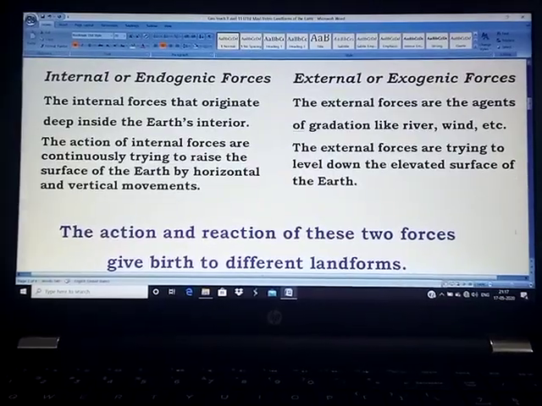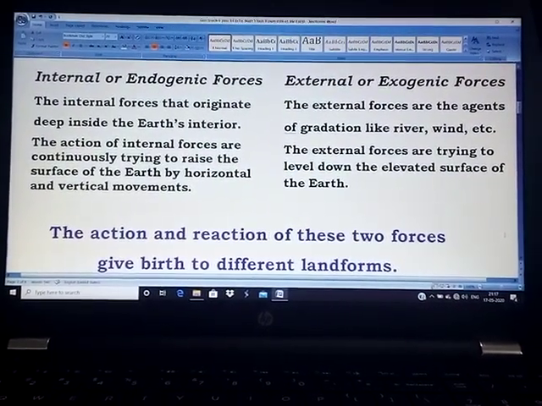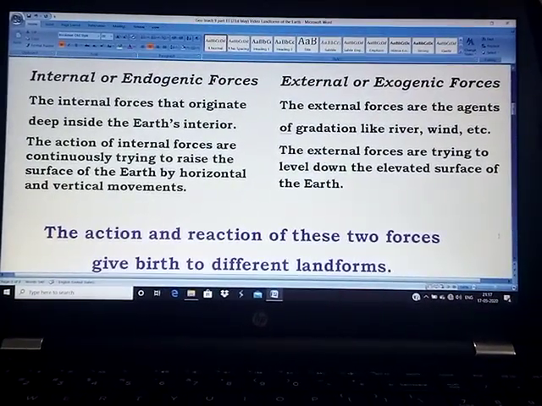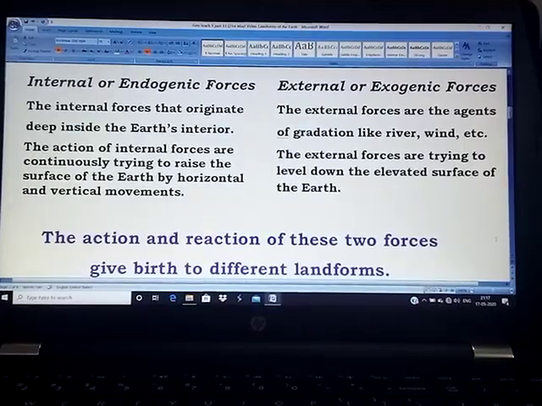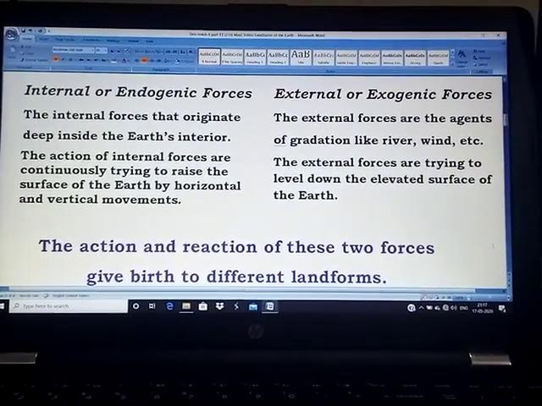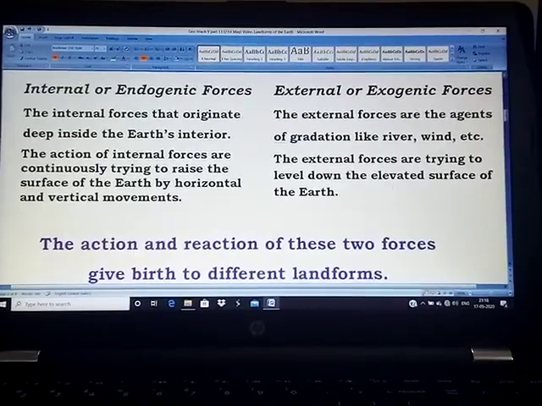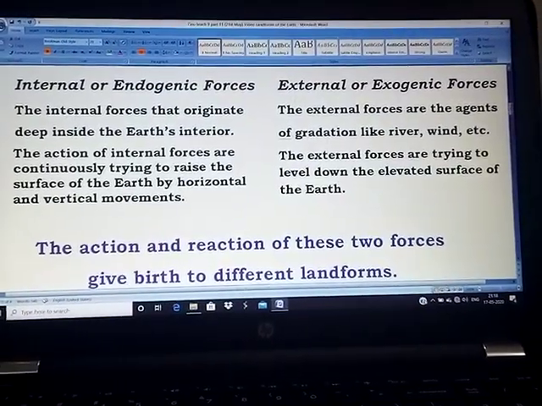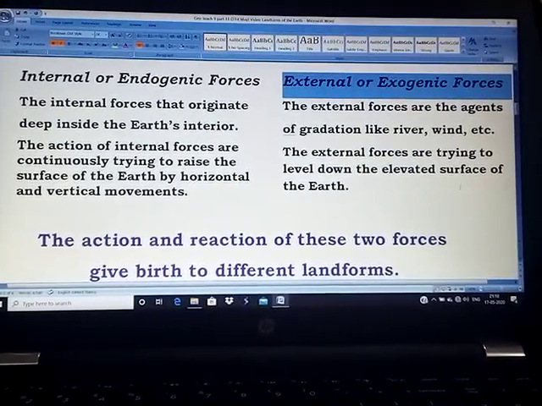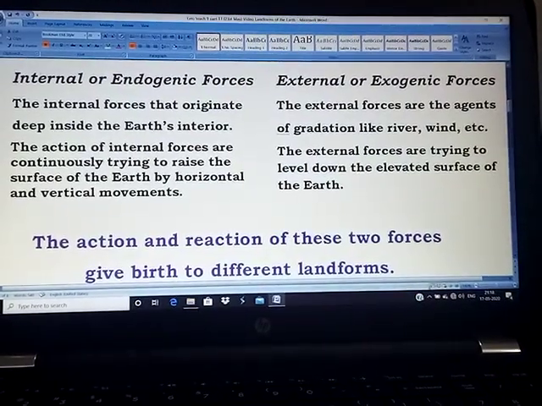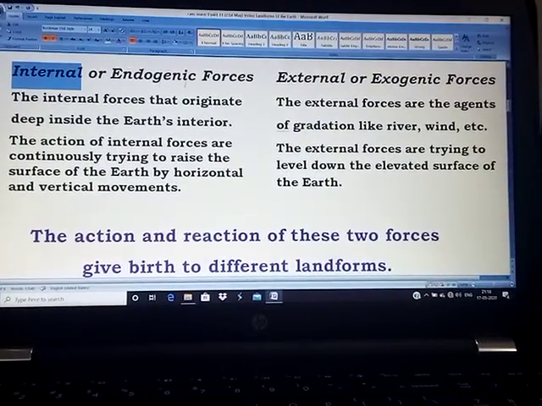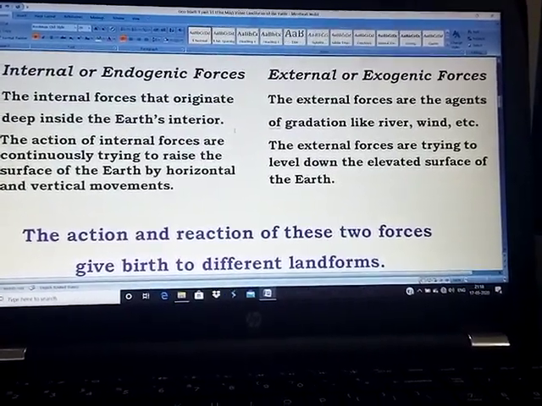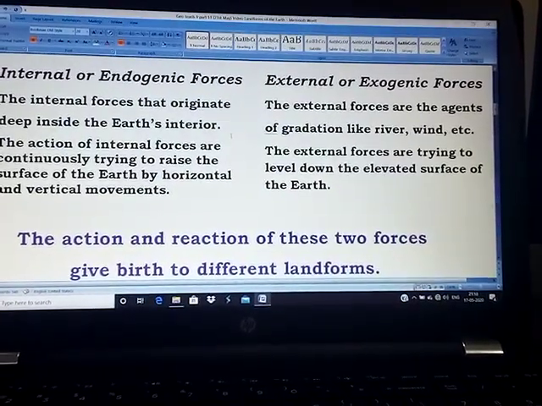So we said there are many forces. Now these forces are termed in two concrete geographical terms. One is called the internal or endogenic forces, and the other one is called the external or exogenic forces. What are internal or endogenic forces? These are forces that originate deep inside the Earth's interior.